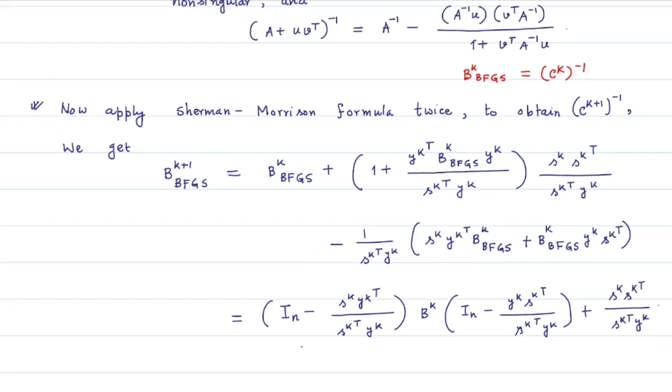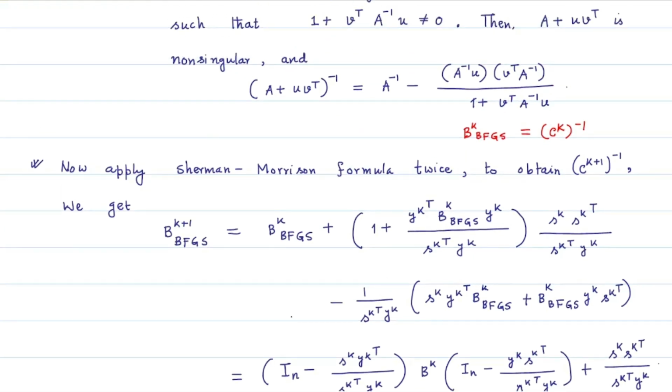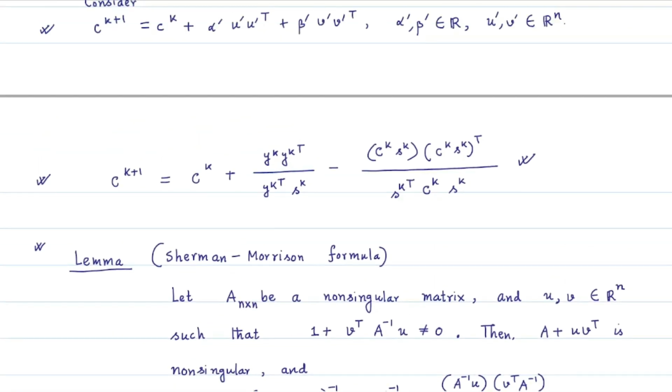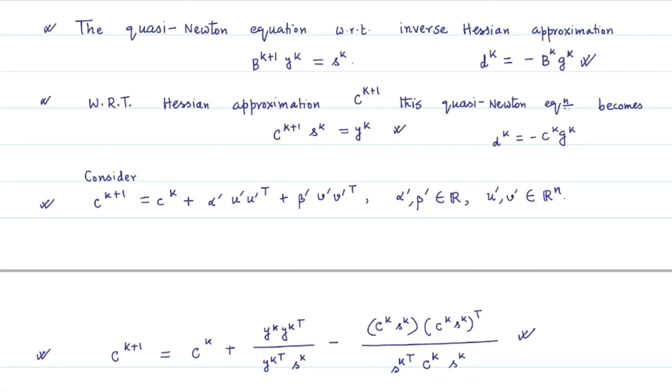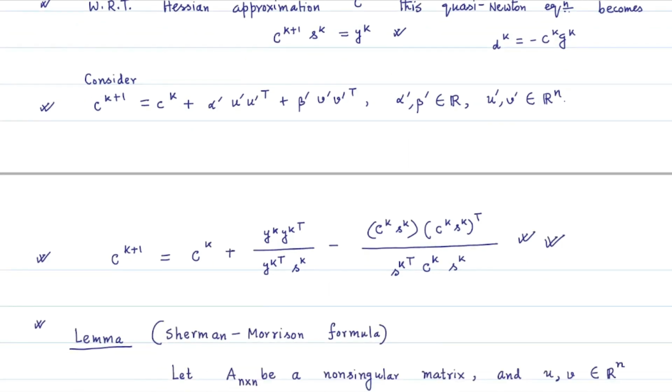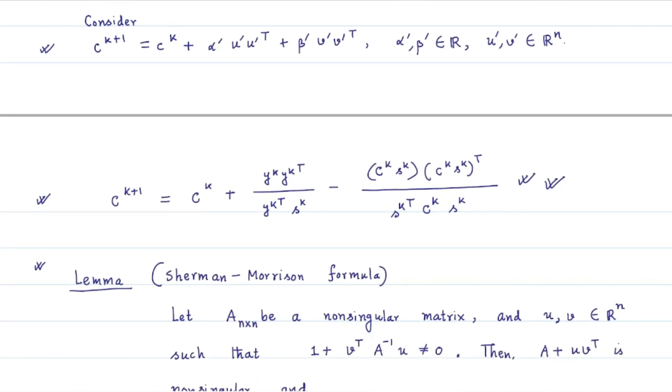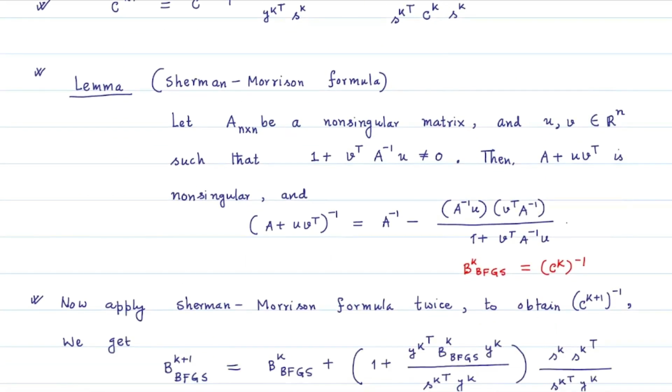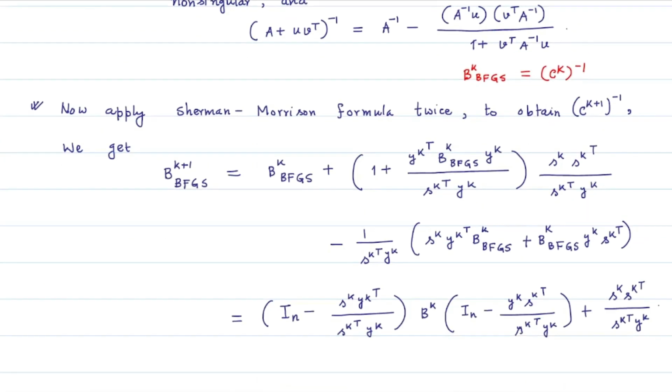And as here in finding this Bk plus 1 BFGS, we notice that we have just interchanged the role of yk and sk in the quasi-Newton equation, and then we have found this Ck plus 1, and then we have taken the inverse of this Ck plus 1 to get this Bk plus 1 BFGS.